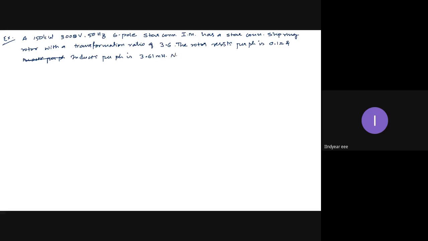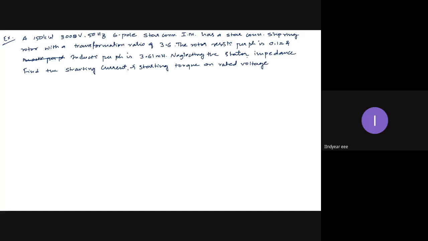Neglecting the stator impedance, find the starting current and starting torque on rated voltage with short circuited slip rings.